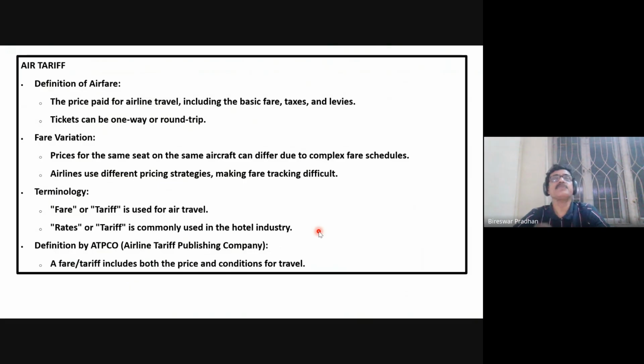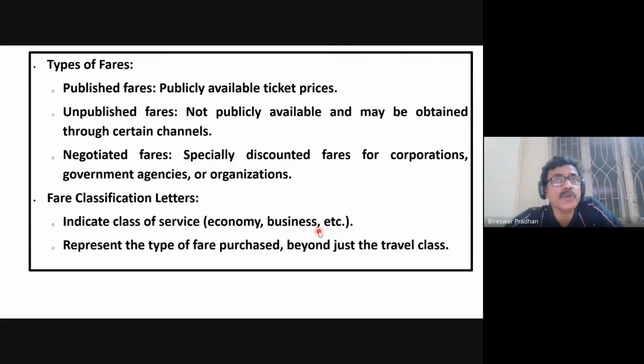Types of fare: the published fare, which is the publicly available ticket price; the unpublished fare, not publicly available and may be obtained through certain channels; and the negotiated fare, a special discount fare for corporate, government agencies and organizations. And a classification letter indicates class of service, economy, business, etc. It represents the type of fare purchased beyond just travel class.